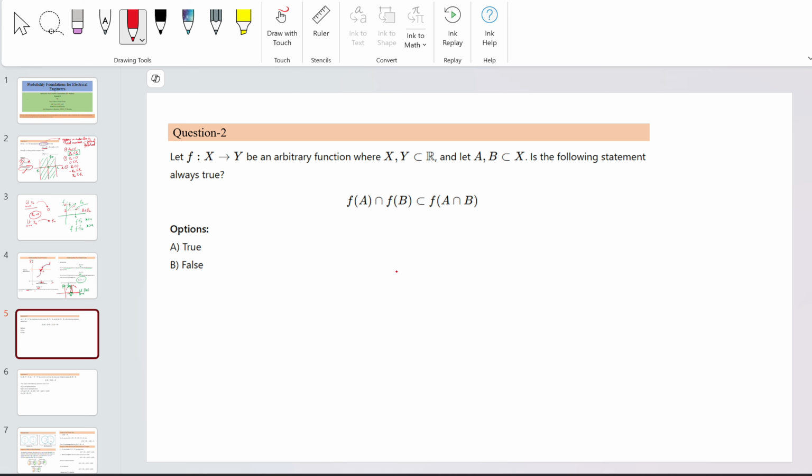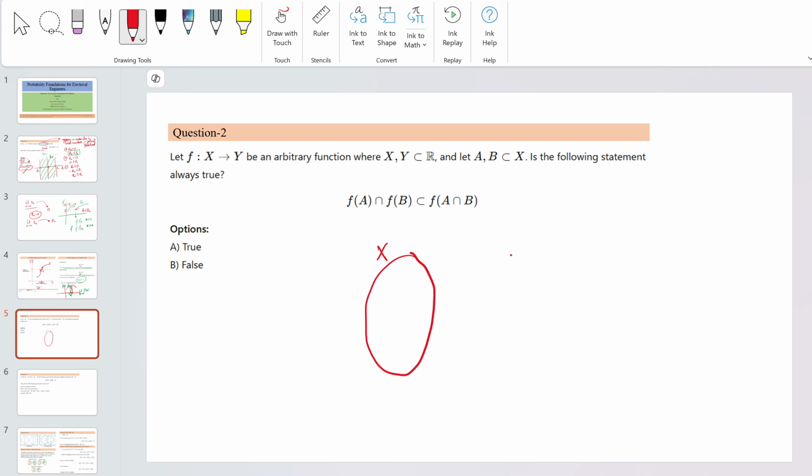Let's take it forward. Suppose this is X, a set of some certain values, x1, x2, dot dot dot xn, and there is a function defined such that this is Y, with y1, y2, dot dot dot yn. There is a subset within X as well.